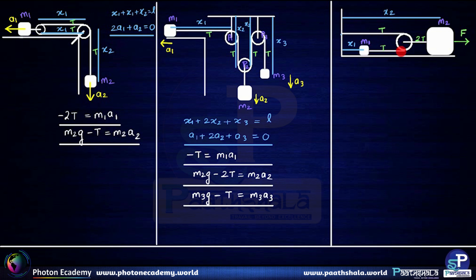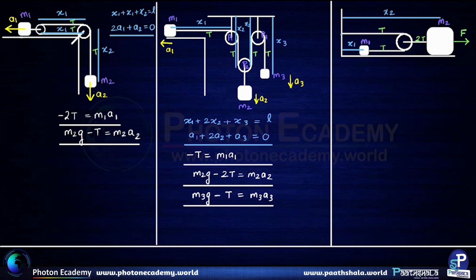This much part of the string is nothing but x2 minus x1. This part of the string is x2 minus x1. So we can here write down the constraint motion equation as x2, which is the upper part of the string, plus x2 minus x1 is equal to the length of the string.